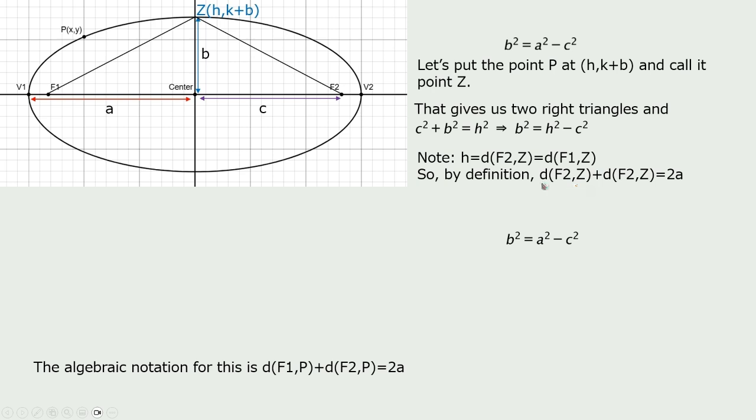Well, then that implies that one of them is just equal to a, and we said F2 to Z is equal to the hypotenuse. So there you go. That's why b squared equals a squared minus c squared. You don't really have to memorize that. I just wanted to point out why that was.